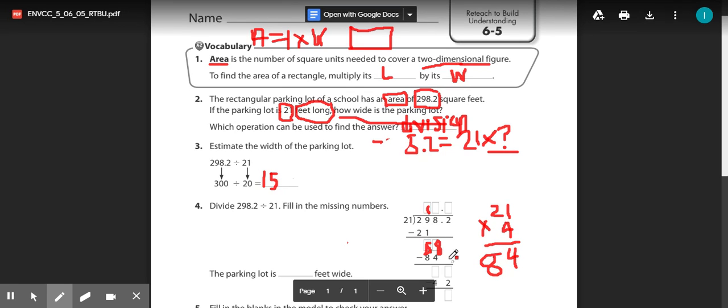So that gives me 84 evenly. So I'm going to put 4 up in my quotient. Okay, so now 88 minus 84 is 4. Move this down a little bit.